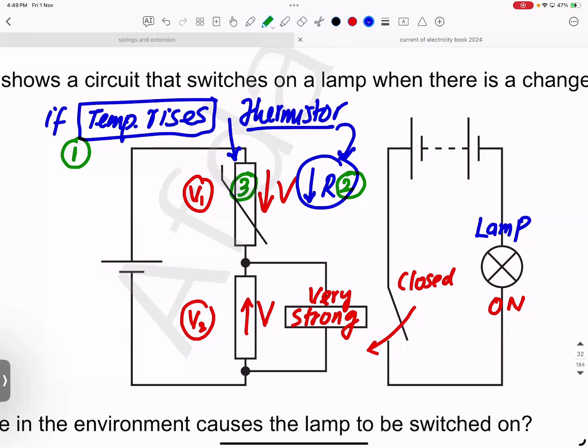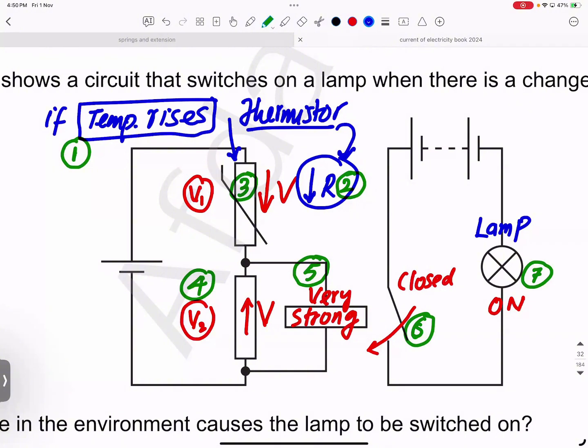If voltage share of thermistor V1 decreases, number four, voltage share of the relay will increase. More voltage share will make the electromagnet very strong. If electromagnet becomes very strong, the switch will be closed. When the switch is closed, the lamp will turn on. So it's a very interesting situation.